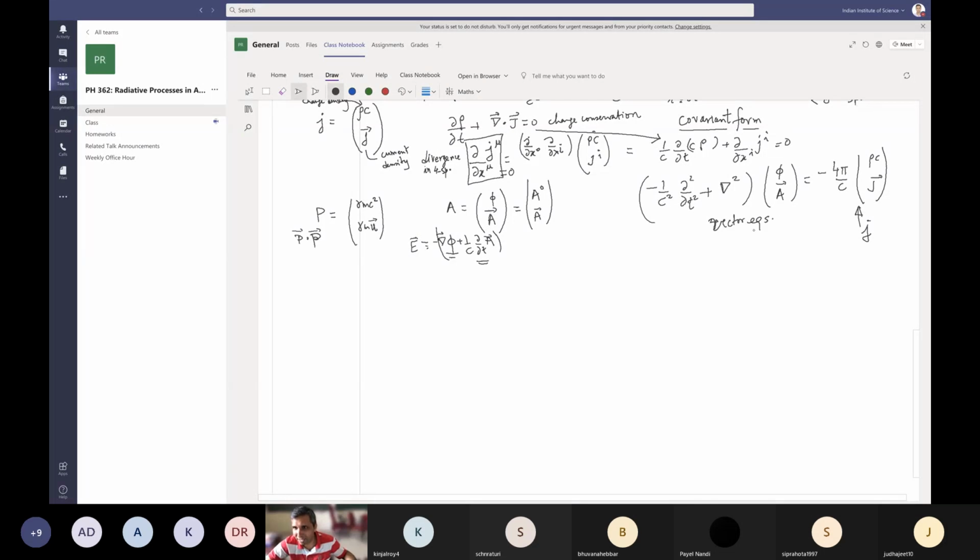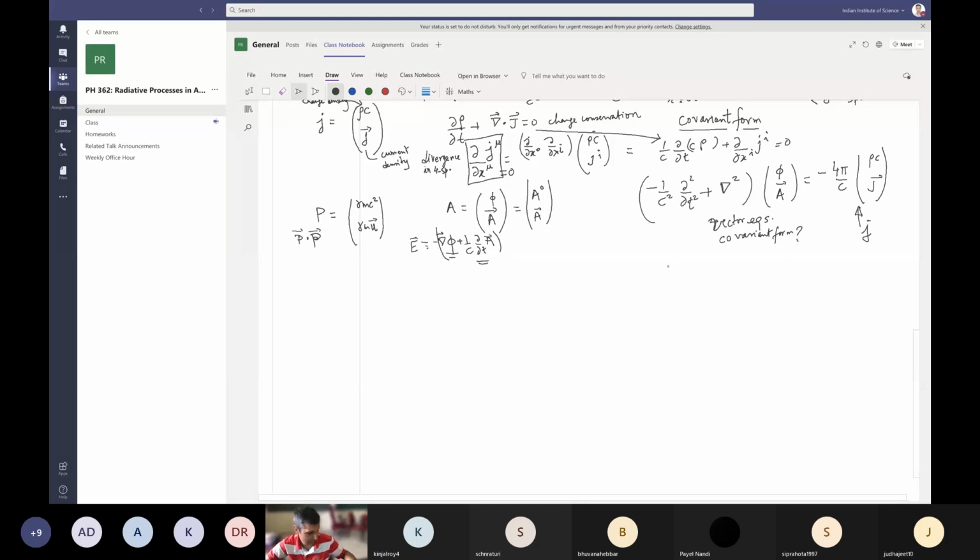But can we write it in a covariant form? Not in terms of t and del squared, but in terms of some sort of divergence or some operator in the 4-dimensional space. And the answer is, of course, you can.